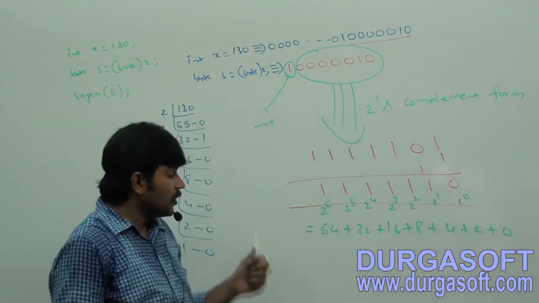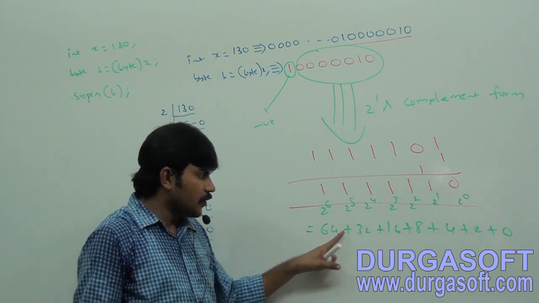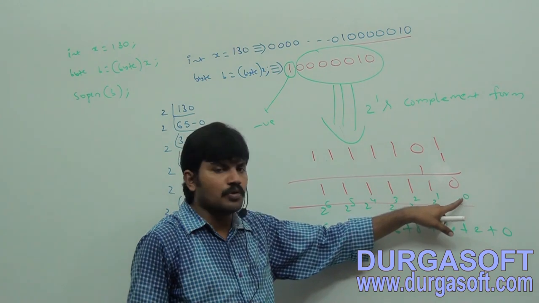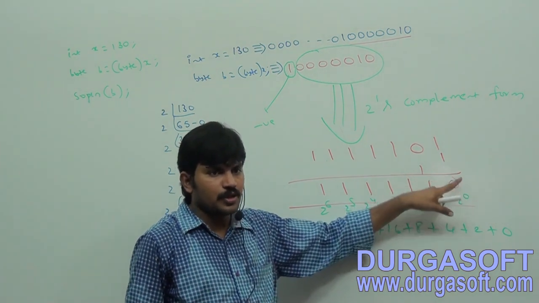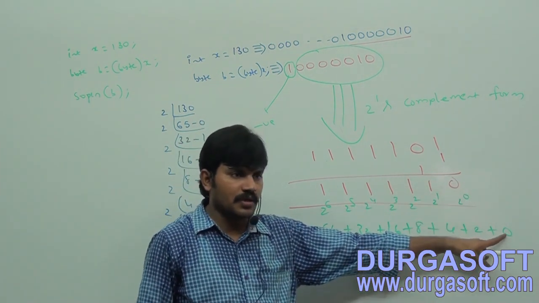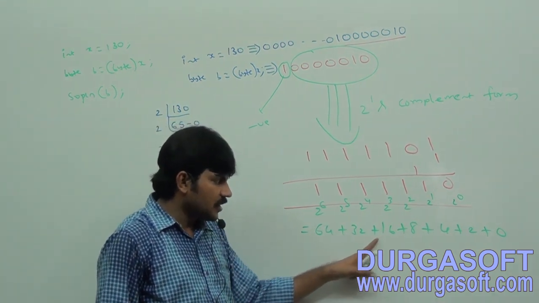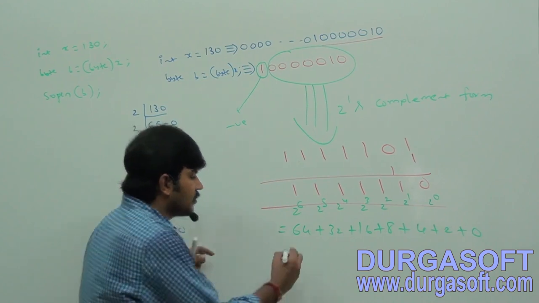Adding 64 plus 32 is 96. The last one, 0 into 2 power 0, is 0 only. So 64 plus 32 is 96. If you count this, what is the answer?